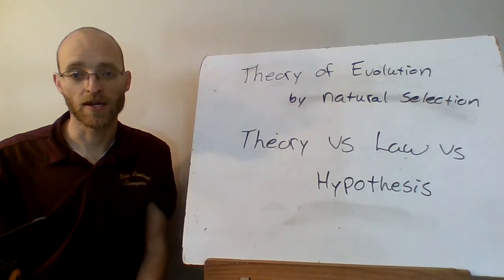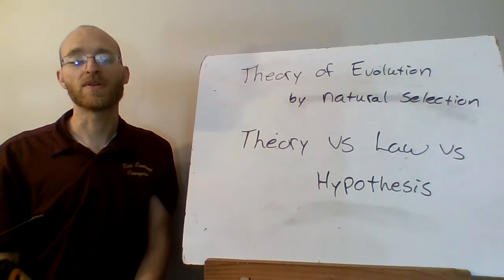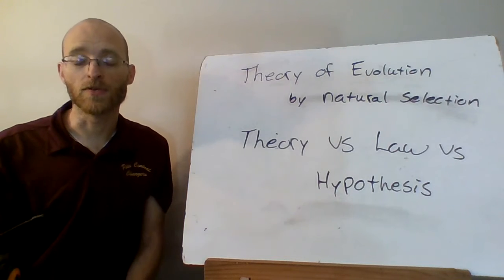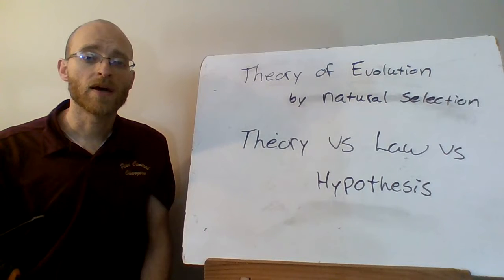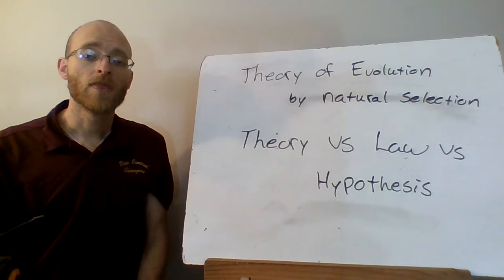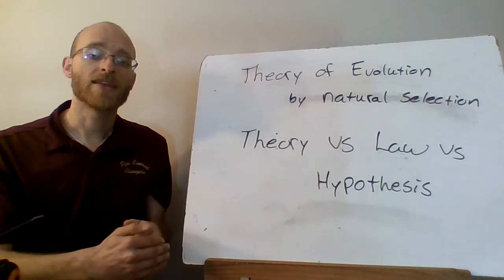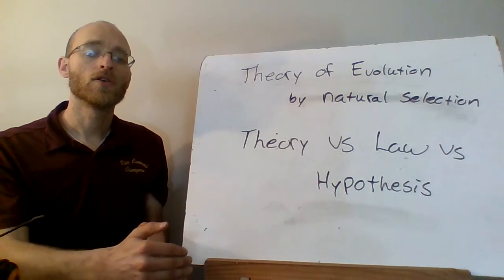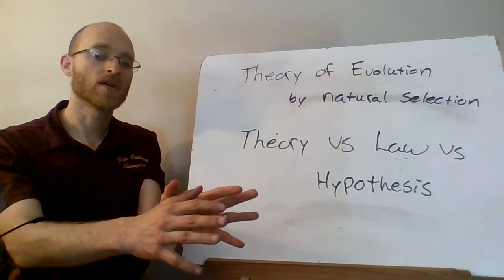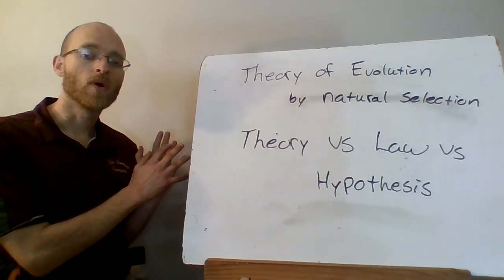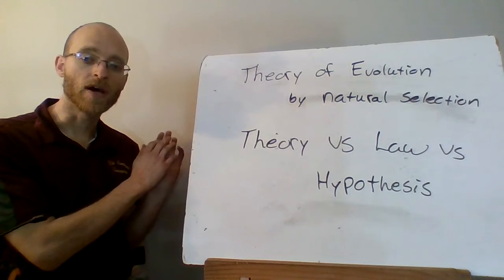And we also looked at, of course, disease resistance, where bacteria can change over time to become resistant to antibiotics. And so this is the core idea behind the theory of evolution by natural selection, that you would have populations that change over time, and given enough time, you would say that a population that we have now is really a completely different species than the one that it started at back in the past, if you go back far enough.